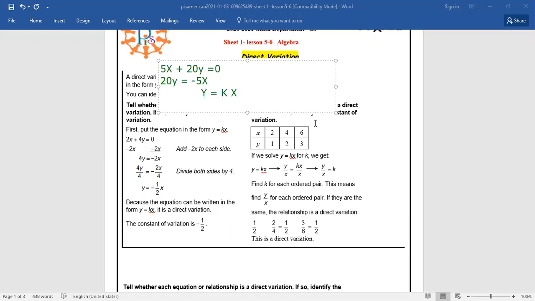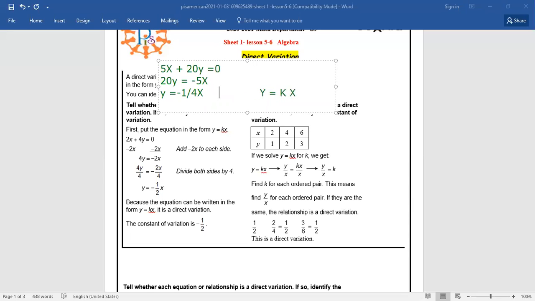By 20. So y equals negative 5 divided by 20, which is negative 1 over 4, times x. And I can't say plus 0 for sure.